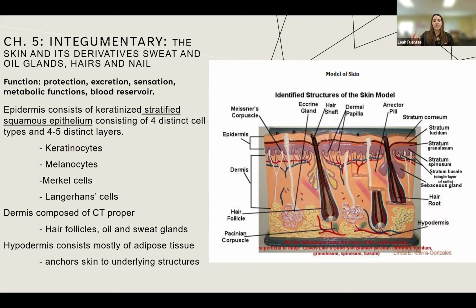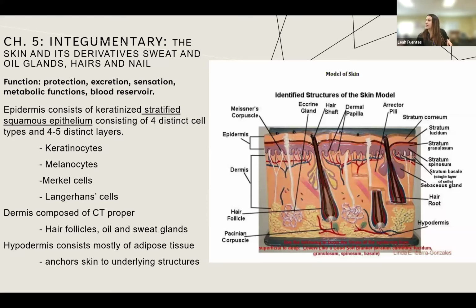So that's the stratum corneum, stratum lucidum, covers like a good would be stratum granulosum, stratum spinosum, and then stratum basale. For the lecture exam, you're going to want to know the different layers and the order in which they are, but also their functions.